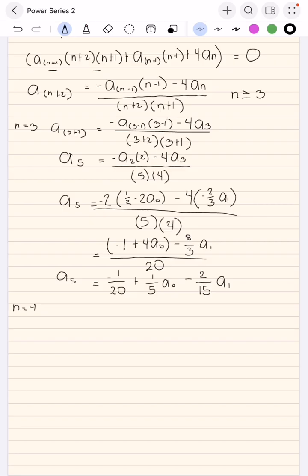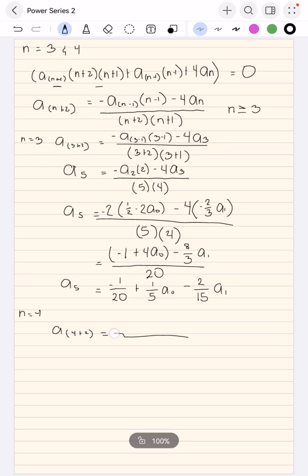And then for A4, so 4 plus 2 is equals to, oh my god, what will happen?